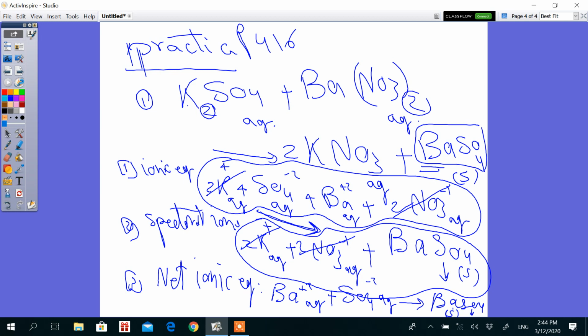That's my net ionic equation in this example. Also the second example has the same idea. We can write that easily. We will go to another concept called ionization.